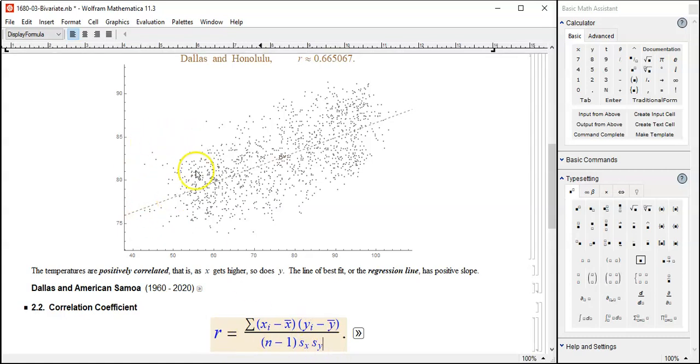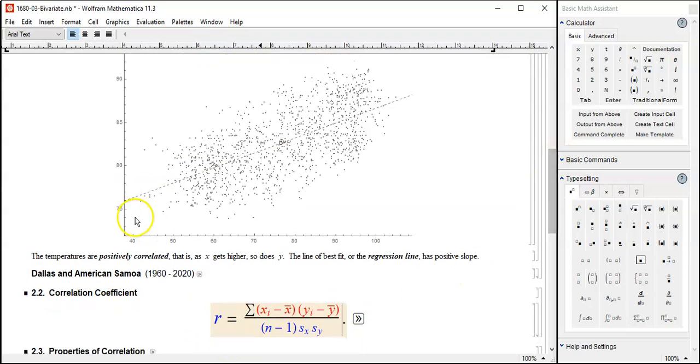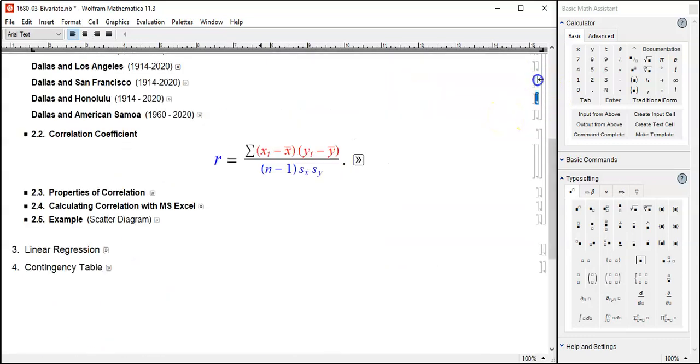Now what if I select xi values from here, smaller than x bar, so that xi minus x bar is negative? Look at this diagram, there are a lot more dots down here than up there. So yi minus y bar, that too is negative. The y coordinate is smaller, so in the end you get positive again. That's how this positive correlation and this going up, this positive slope, are related.